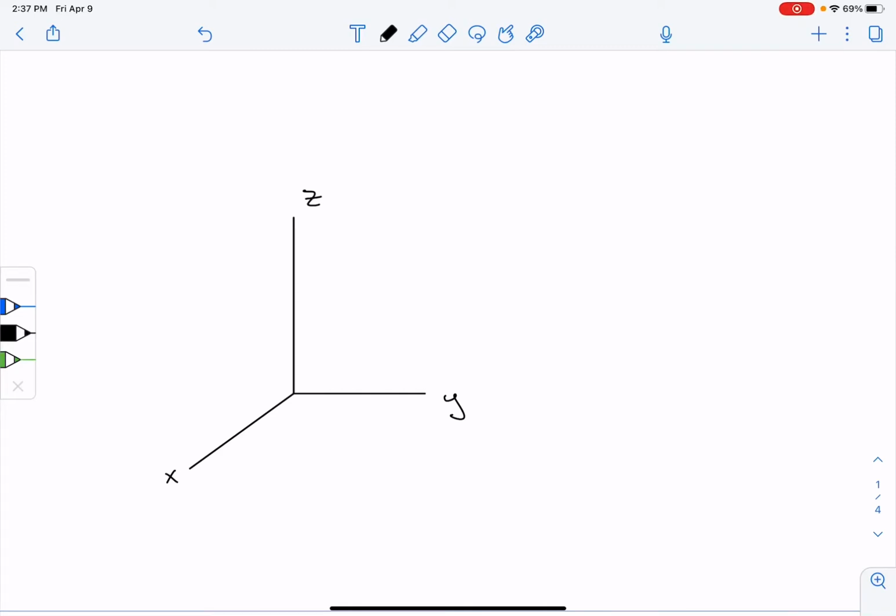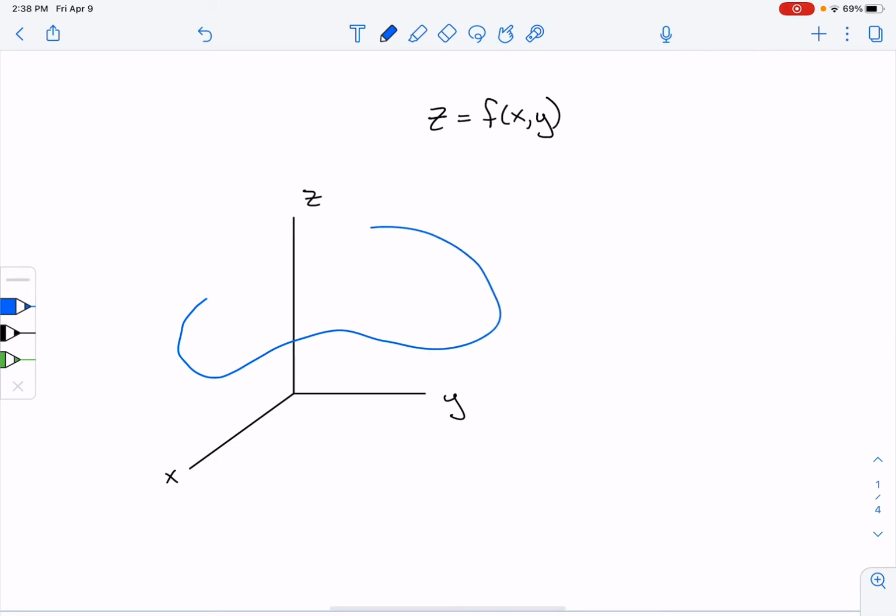When discussing surfaces, we have generally thought of functions z of x and y. So the idea here is that if I have a surface in 3 dimensions, then you think about each point z as being a function of 2 points, say A and B, that live in the xy plane.